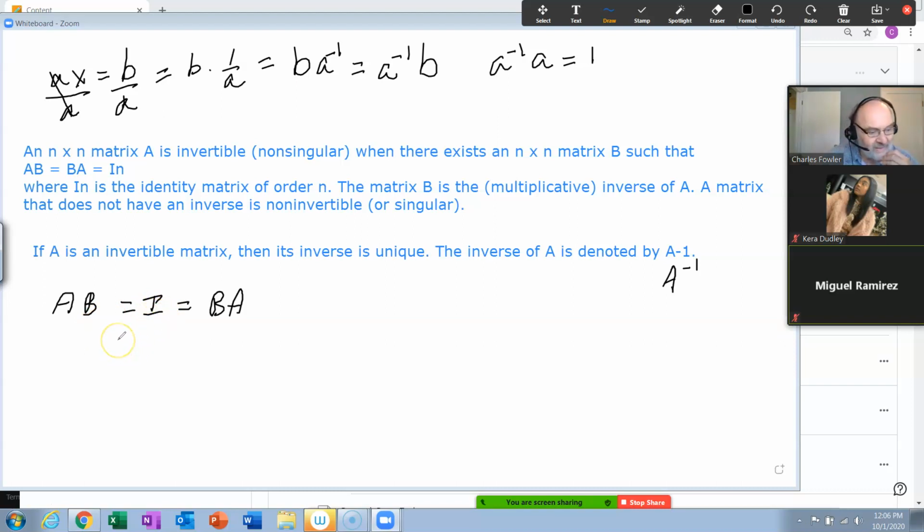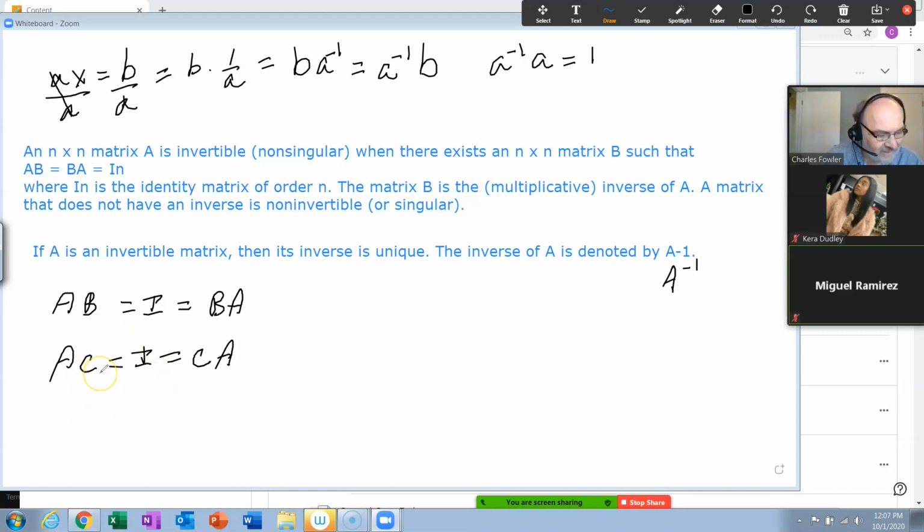Now, what if there was another matrix? Not a unique matrix, another matrix C that was equal to I, and this is also equal to CA. What if there was another one? B is not equal to C. There's another matrix out there.